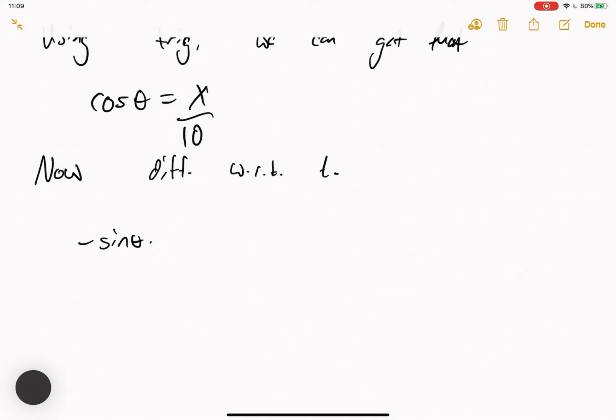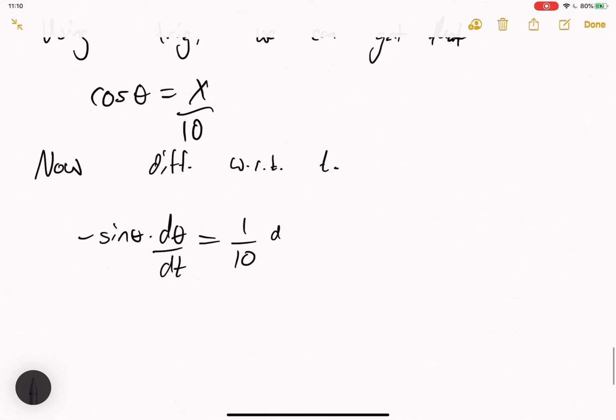You have to multiply by the derivative of the inside. Then over here we get 1 over 10 times the derivative of x, which is dx dt, because in this case x is a function of time.